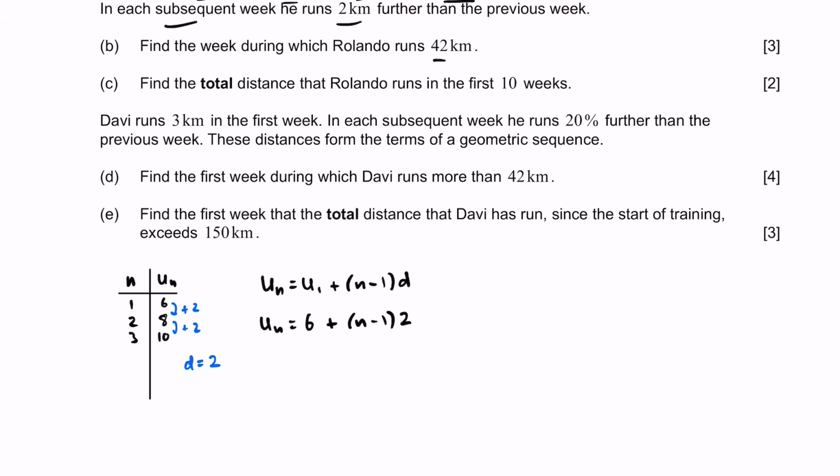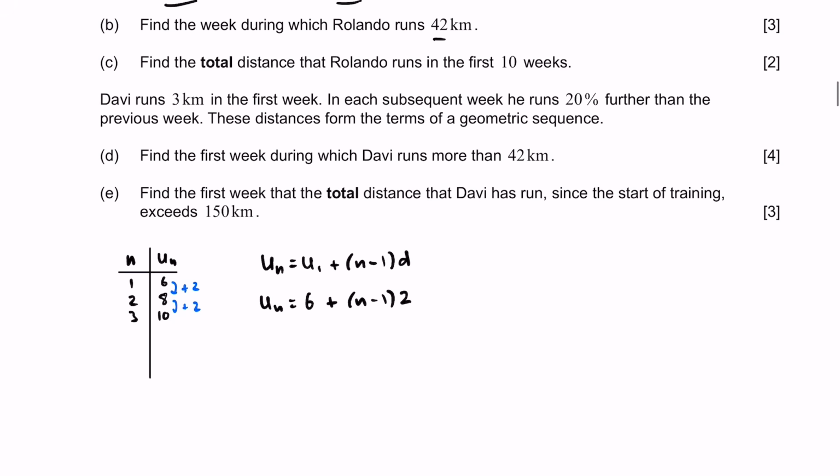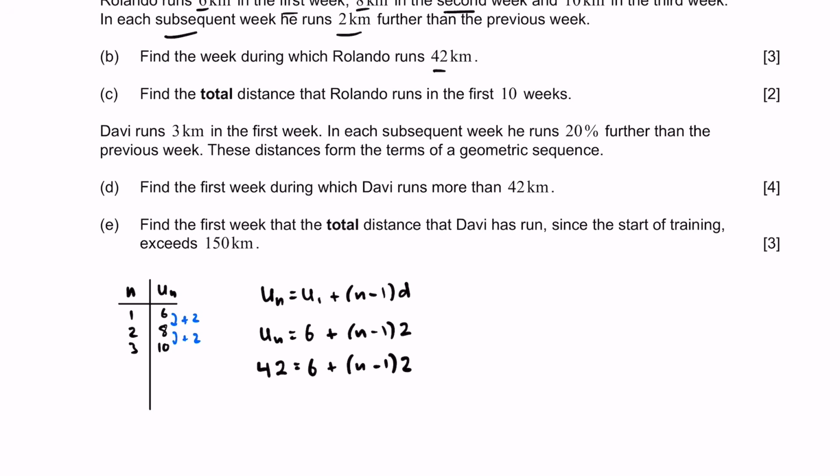That's going to be our strategy for this question. So let's go ahead and do that. 42 is the value of a given term. And now the question we are asking: what is that n, or week, that would make that true? So 42 is our output. What's the input? What is the week in which he runs 42 kilometers?